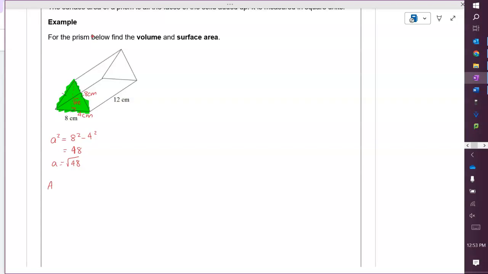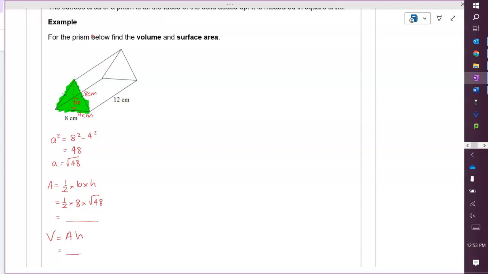So if I find the area of that front face, I have a half times base times the height, which is a half times 8 times root 48. When I put that in, I am going to get a decimal again. What I can do with this then is to find the volume, whatever that is. My volume is area times the height.